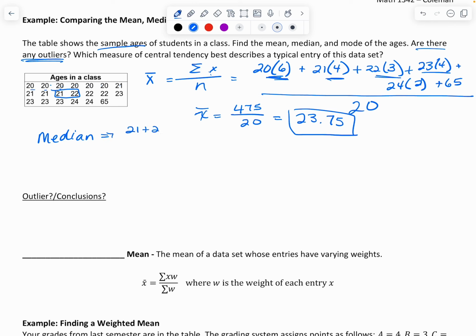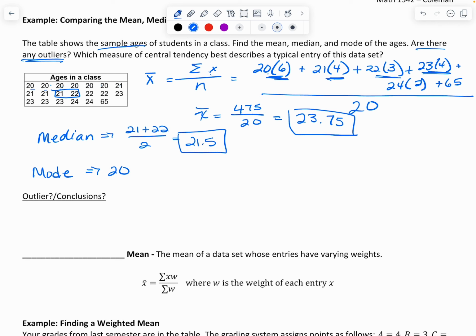So my median is going to be 21 plus 22 divided by 2, which is equal to 21.5. My mode is the one that occurs most often. If we use this format up here to find the mean, then you would know that the mode is 20.